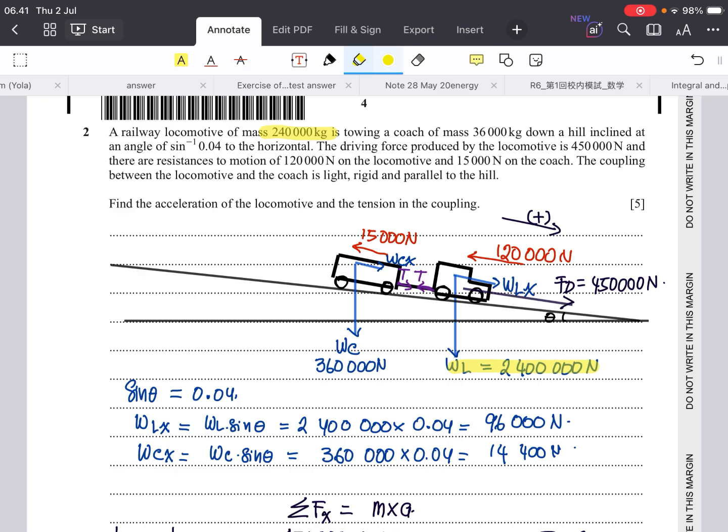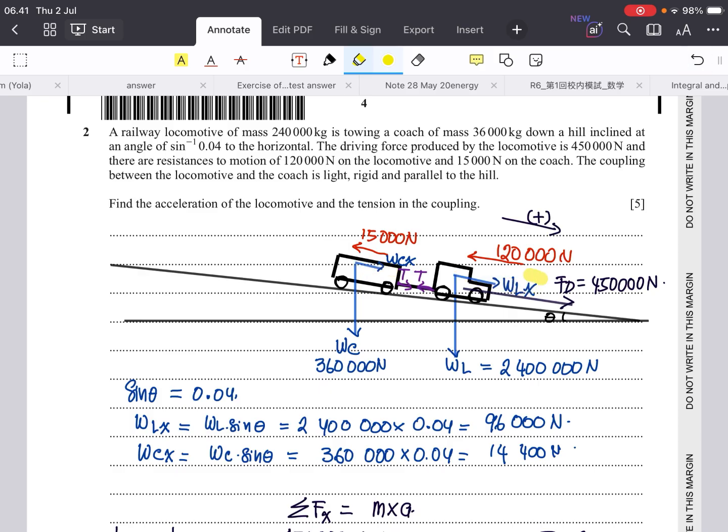For the weight, we need to multiply by the gravity, which is 10 meters per second squared. We do the same thing with the coach. And then we also need the x component, the component of the weight that is parallel to the plane, for both the locomotive and the coach.